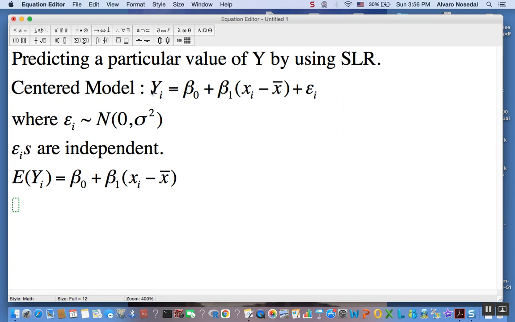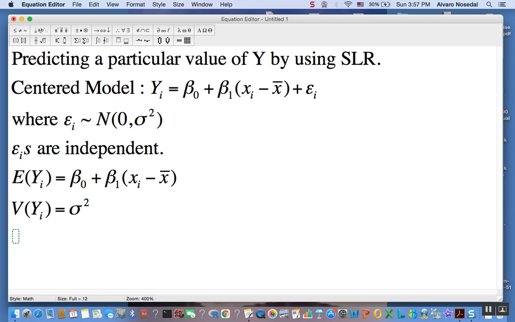Given our assumptions, the variance of yi will be just the variance of epsilon i, which is sigma squared. And we know that sigma square is the other parameter of interest, and now we know how to estimate it as well.